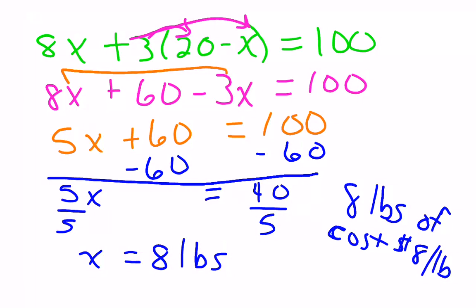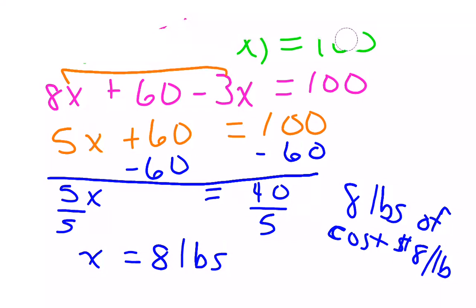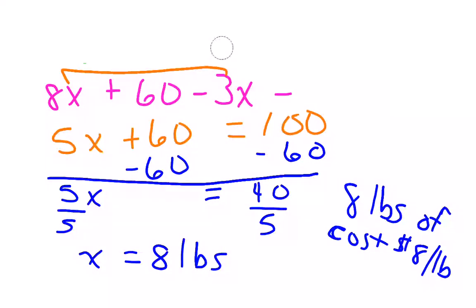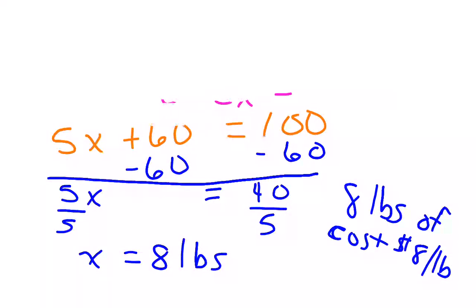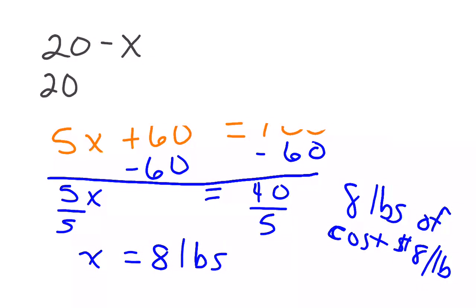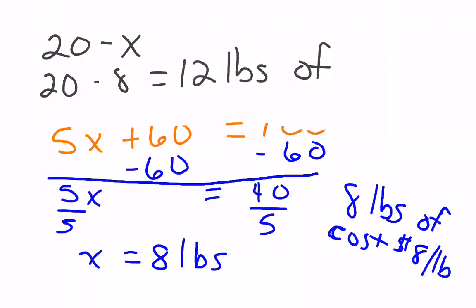Well, in our chart, the chocolate that costs $3 per pound had a poundage of 20 minus x. So we plug in 8, because 8 was x. 20 minus 8 means we get 12 pounds of the chocolate that costs $3 per pound.